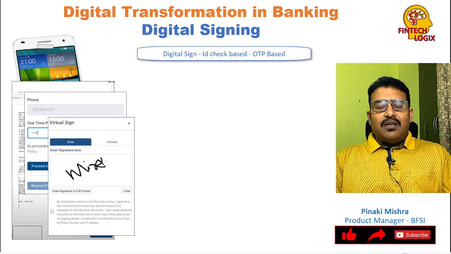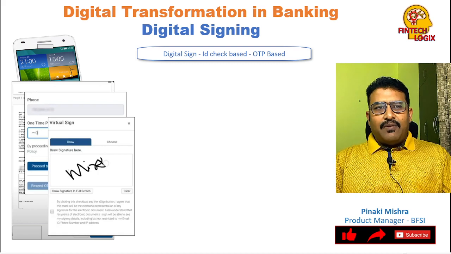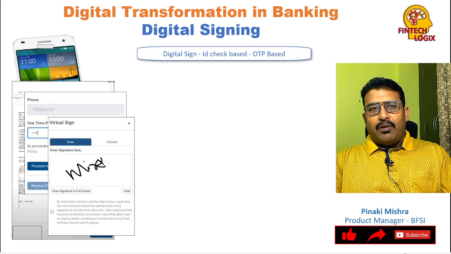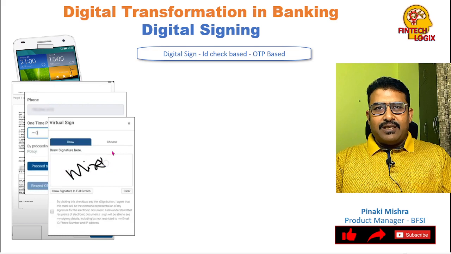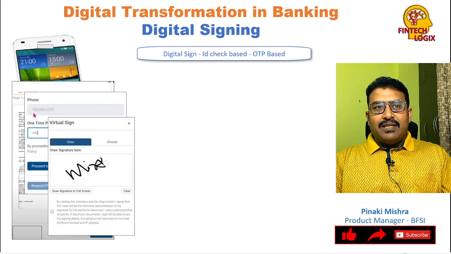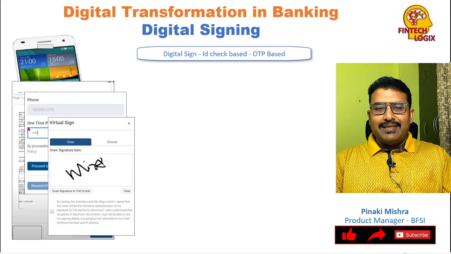As shown on the diagrams here, the first one is digital signing in place, which is our digital signing. The second one is OTP based, where the OTP or one-time password would come to a registered mobile number, and by that the authentication would happen.